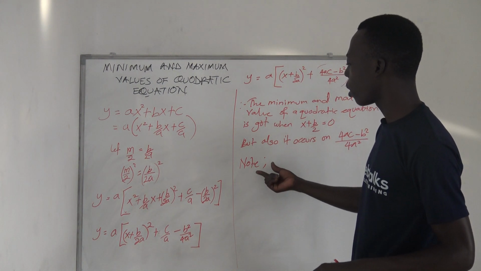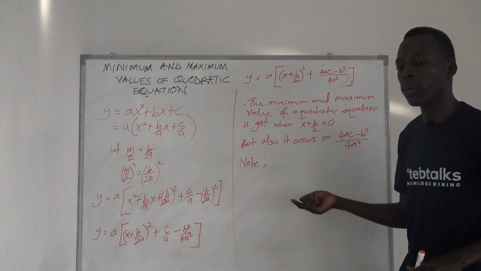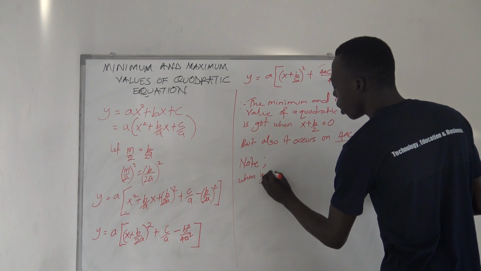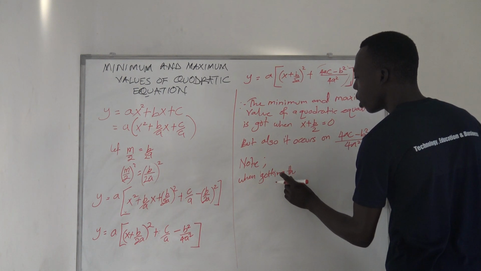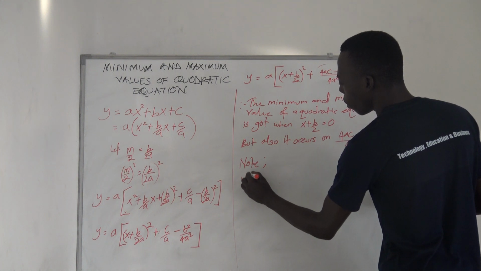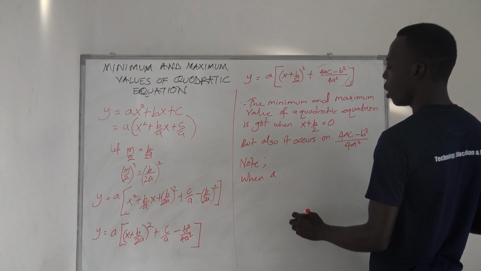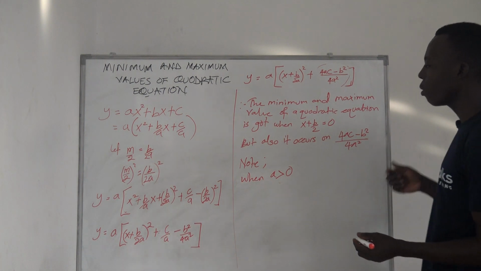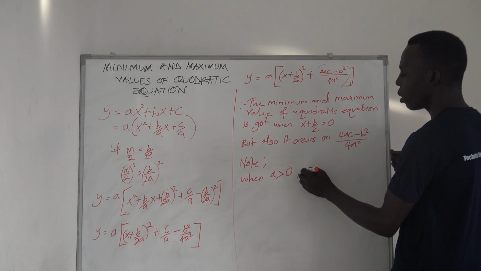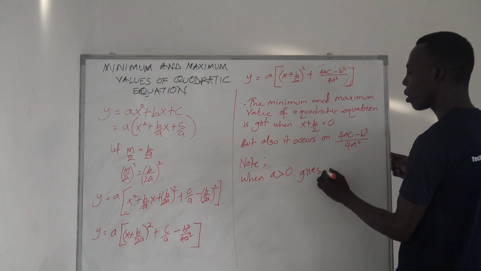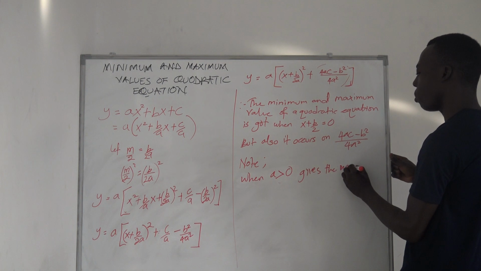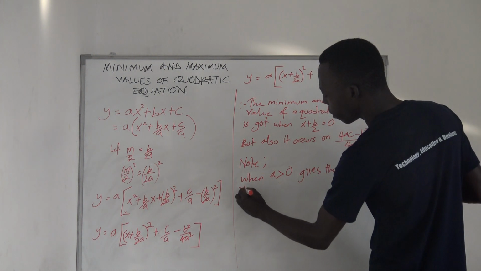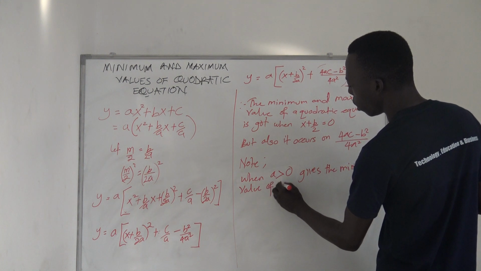Now, writing a note, we are saying that when getting the minimum, when the value of a is greater than 0, this one gives the minimum value of the equation.